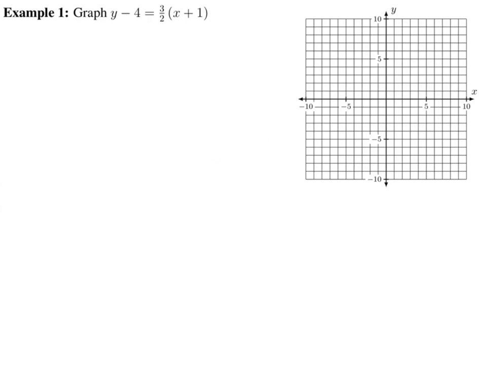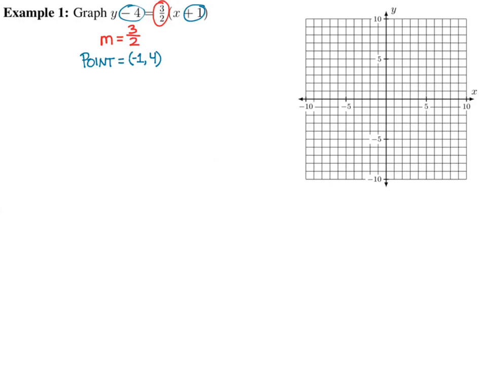So here we go. Here we have to graph this equation, y minus 4 equals 3 halves times the quantity x plus 1. So first thing to notice, and this should be fairly familiar for you, is the slope. The slope is 3 halves. From there, we need to find one point kind of hidden in this equation, and the point that we're going to find is based on the plus 1 and minus 4.